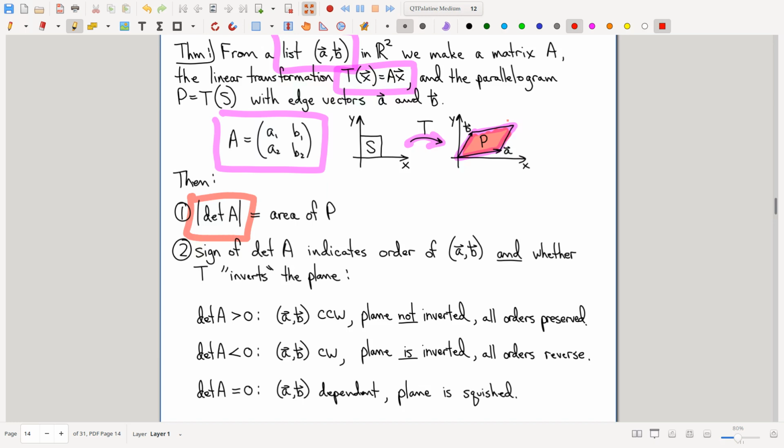Quick observation I'll make. The original unit square had area equal to 1, so in fact, another way to say the area of this is by what factor did that linear transformation stretch areas? So this is an important distinction. The area of this thing over here is what I'm going to call a static thing.